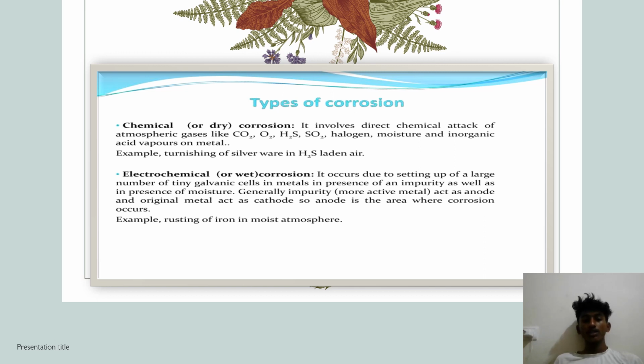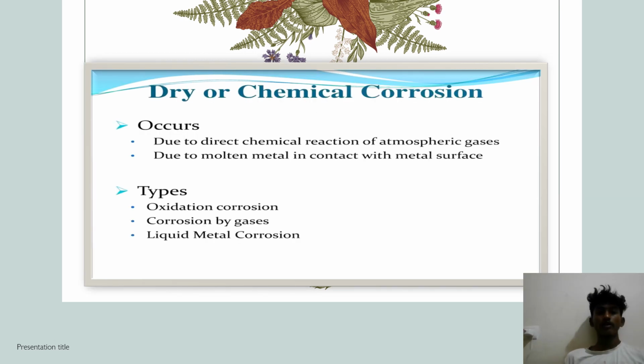So the anode is the area where corrosion occurs. Example: rusting of iron in a moist atmosphere.